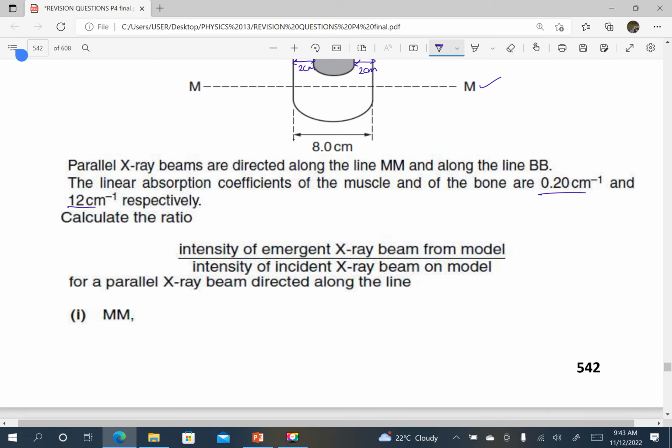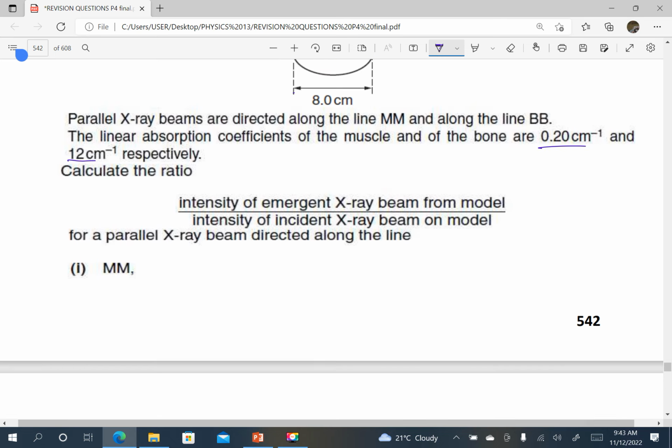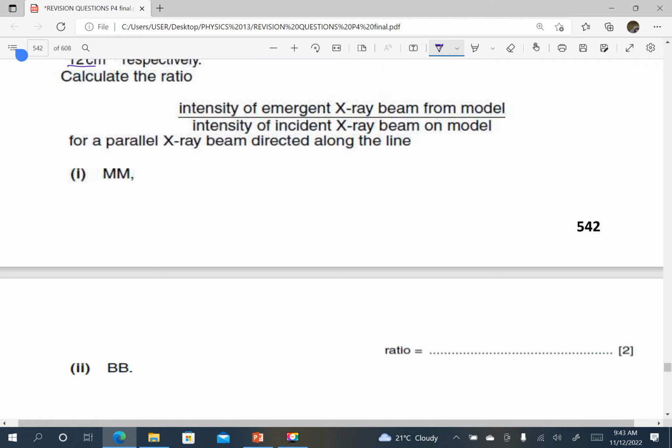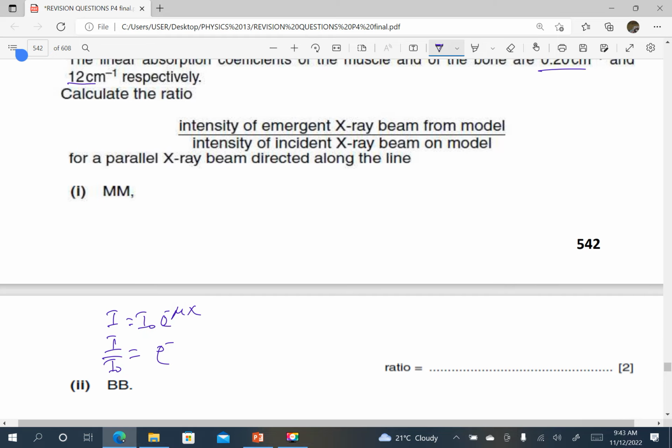So MM is only through the muscle, so that one is very easy. We just do it once. Remember, intensity transmitted I is equal to I naught e power negative mu x. So we want I over I naught, which is e power negative, through muscle alone. So this will be negative 0.2 times the thickness, which is 8 centimeters.